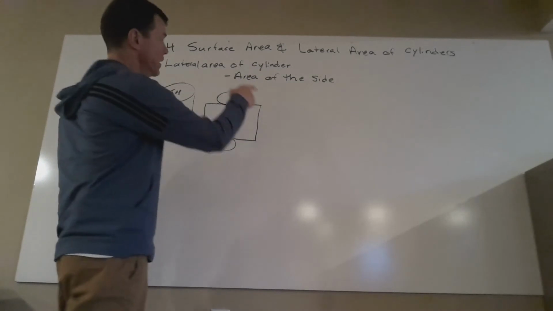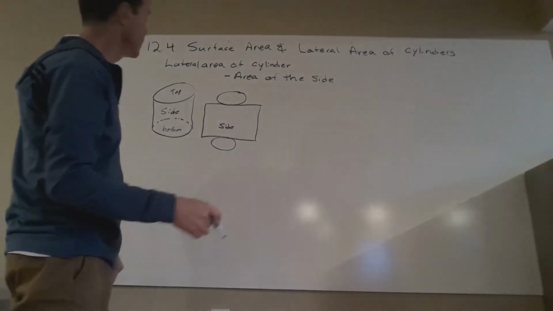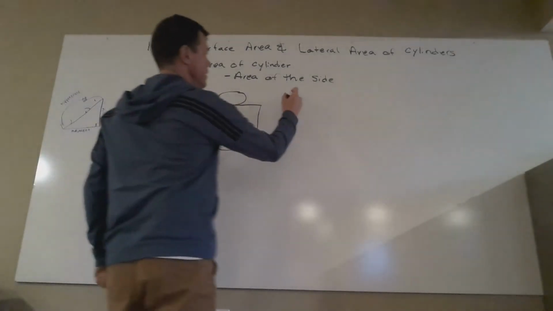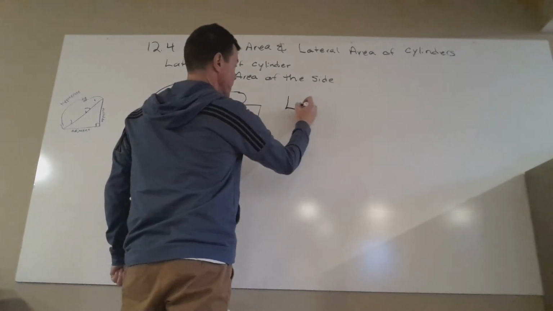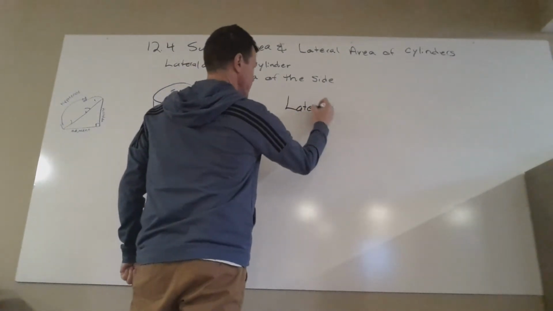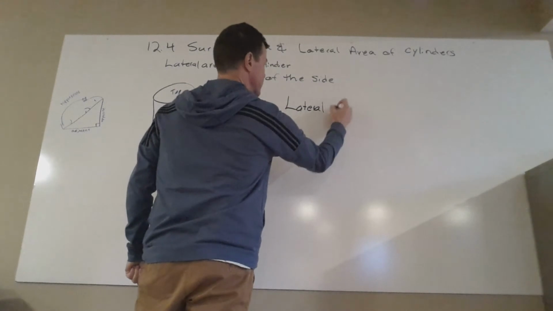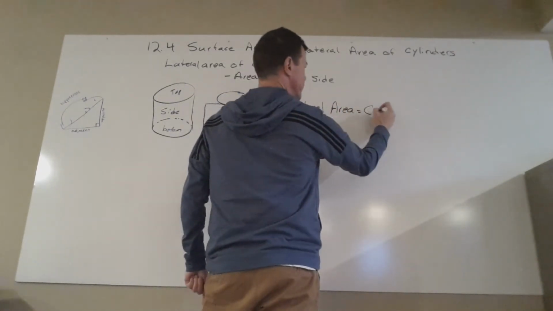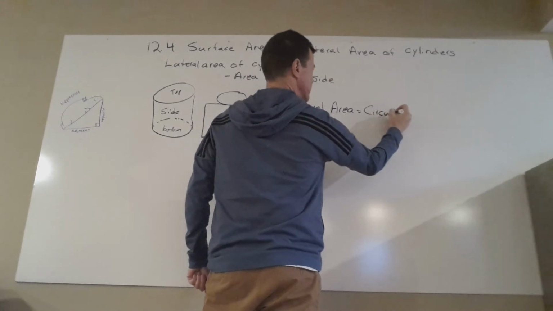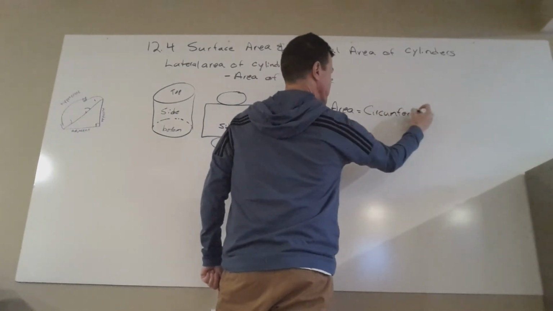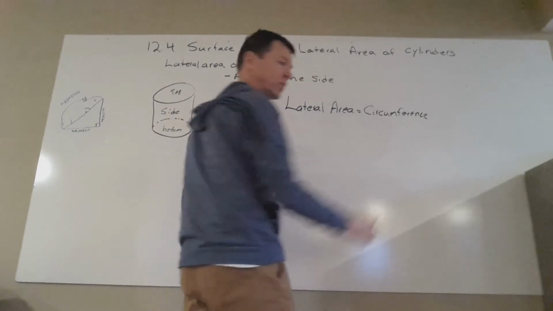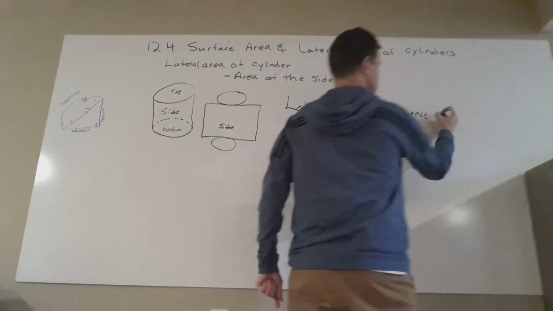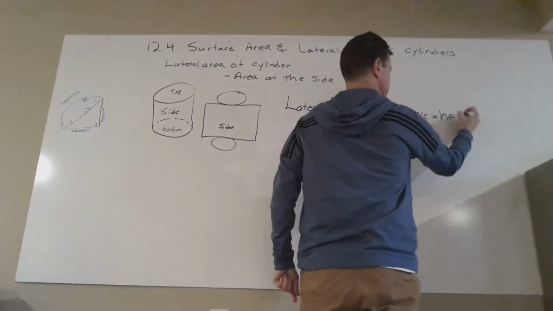So to get the area of this side, or this lateral area, we'll write our formula. Lateral area is equal to circumference times height.